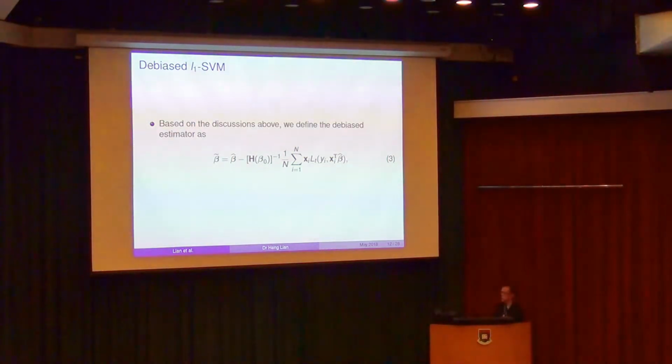So it seems that the Hessian can be estimated, except for one small further step we need to deal with. The trouble is that the Hessian matrix, as you saw before, involves the delta function. So how to estimate the delta function? In statistics, we do smoothing. We smooth out the one point that's undifferentiable.